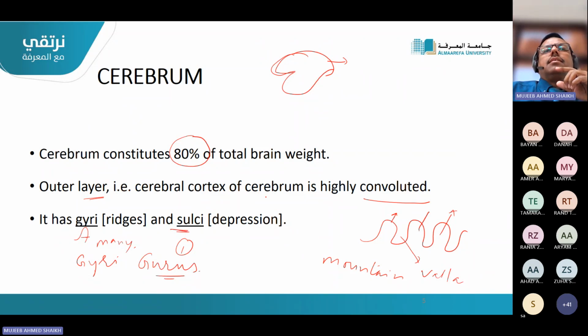These are the sulcus: valleys, depressions, ridges and depressions. Because of the folding, the brain matter is converted into two areas. The one which is coming up is the gyri, and the one which is going down, the valley, is called the sulci. So sulcus and gyrus, singular and plural, are gyri and gyrus, or sulci and sulcus.